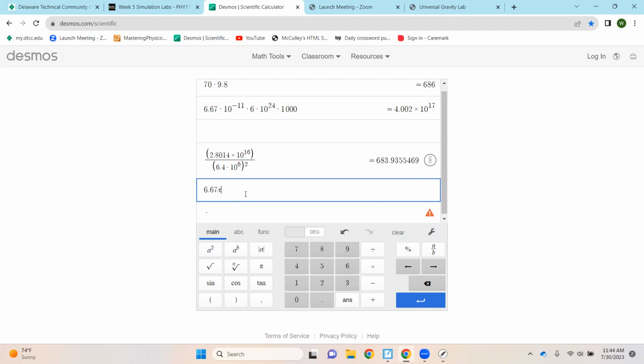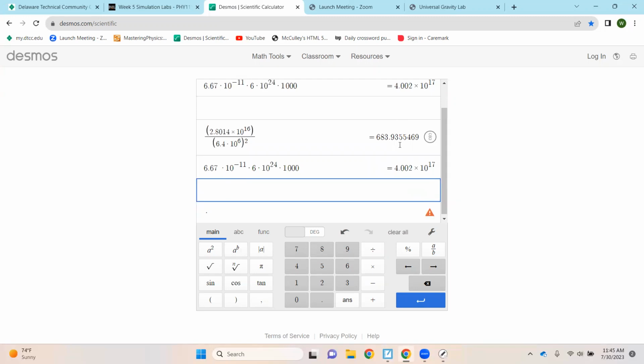So 6.67 times 10 to the negative 11th times 6 times 10 to the 24th times 1,000.